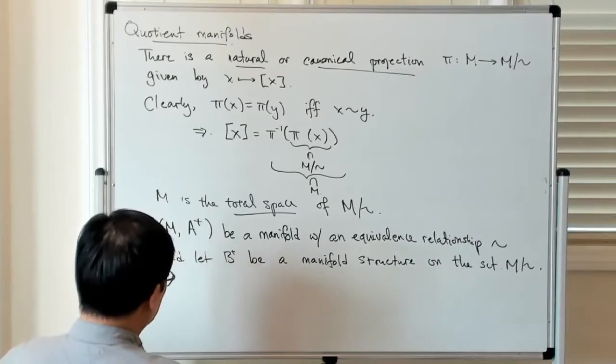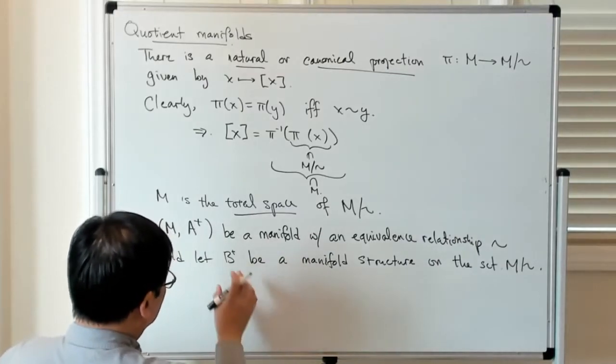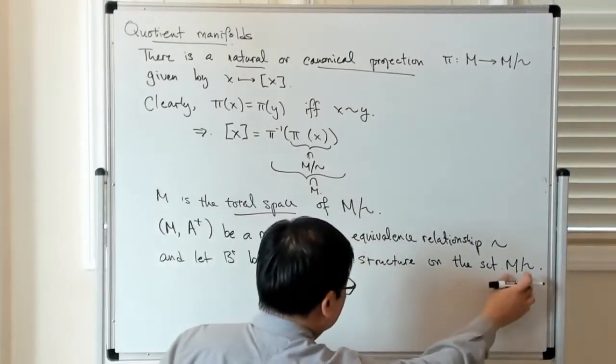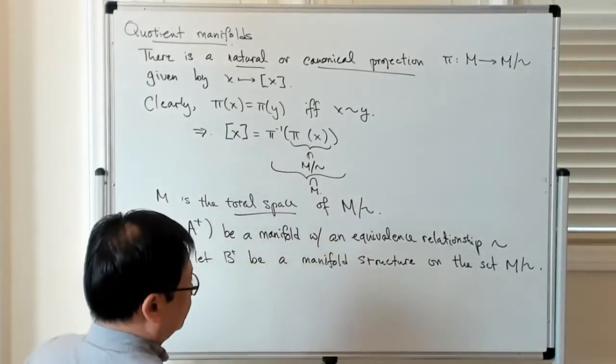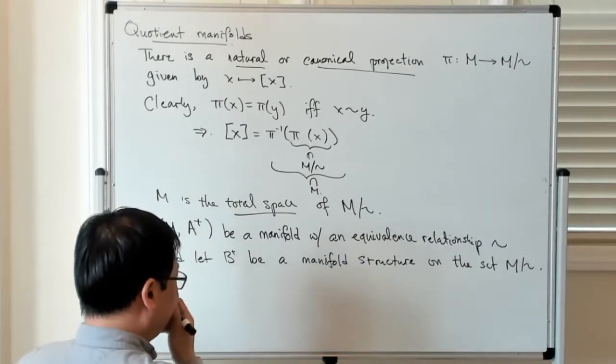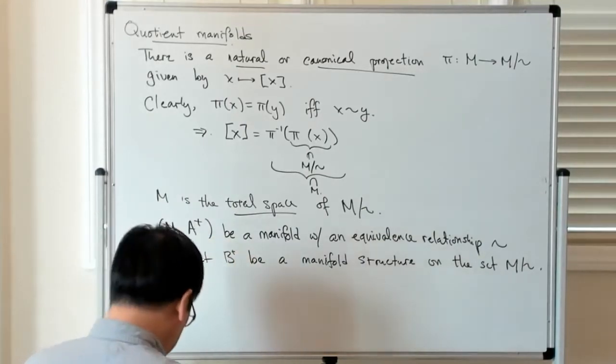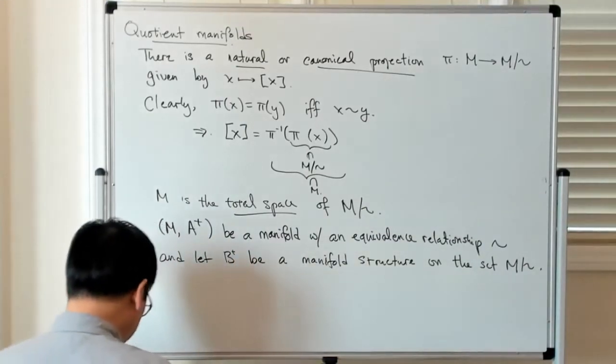So you want to ask what kind of manifold structure you should endow M quotiented by the equivalence relationship with, so that this is a quotient manifold.